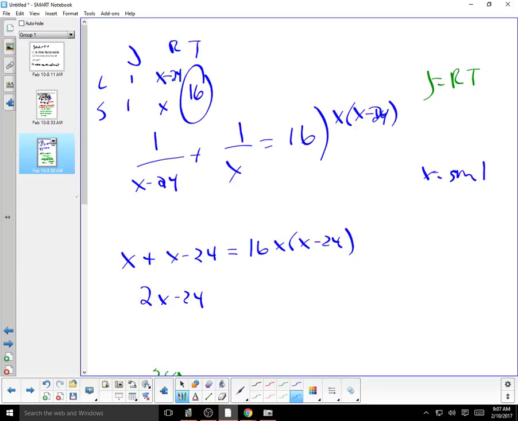I didn't distribute this the first time, did I? I just left it at 16 instead of putting the whole thing on there. So let's see here. 24 is equal to 16x squared. What was this? 384?